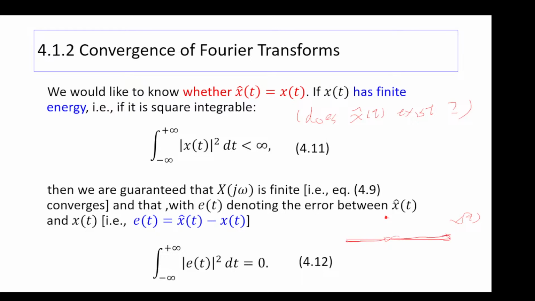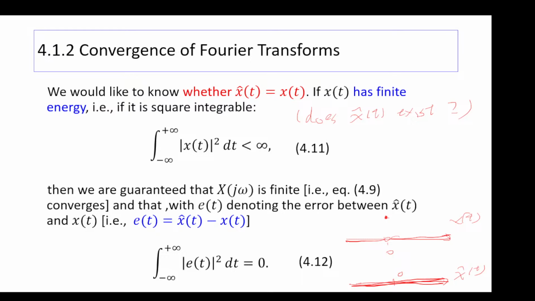And x hat of t will probably look like 0 everywhere. So at this point 0, x of t is not equal to x hat of t.